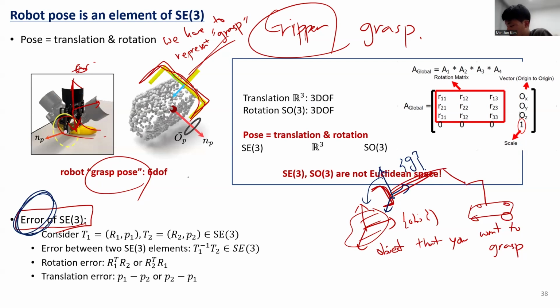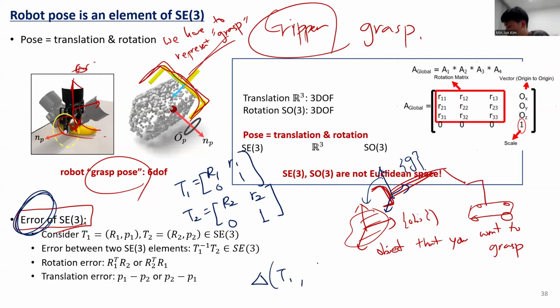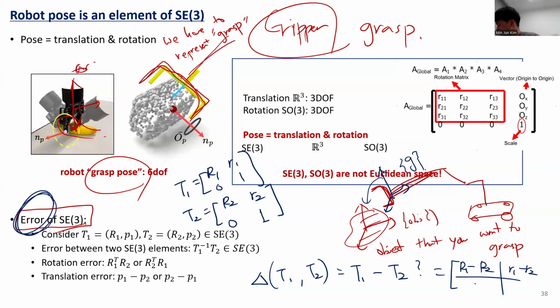So let's say we have one transformation matrix, and another transformation matrix. Then what is the difference between T1 and T2? What's the error between them? Is that T1 minus T2? That's R1 minus R2, and the translation difference, with zeros below.